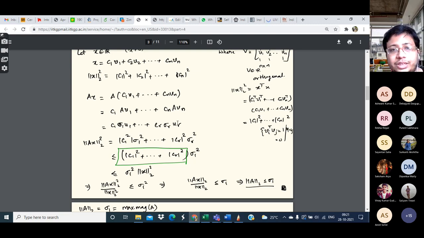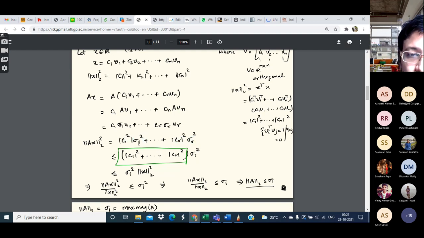These are the coefficients, keeping aside the u1, u2 vectors, which are the new basis vectors. So if I take the L2 norm of this, just exactly what happened in the earlier case, we are left with c1 square sigma 1 square plus c2 square sigma 2 square, up to cr square sigma r square. Okay, so this is what we get.